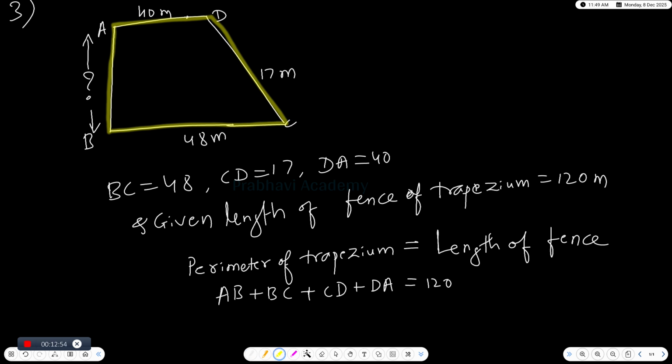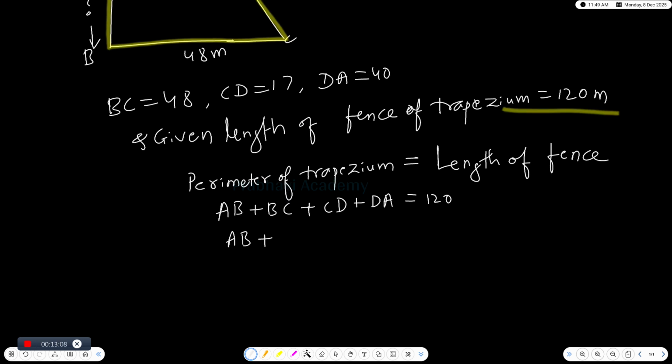120 is already given. Now here AB is to be found out, and BC is 48, CD is 17, DA is 40, that is equal to 120. And if you add all these, you will get 105 is equal to 120.